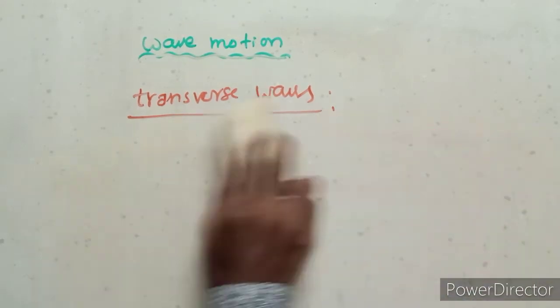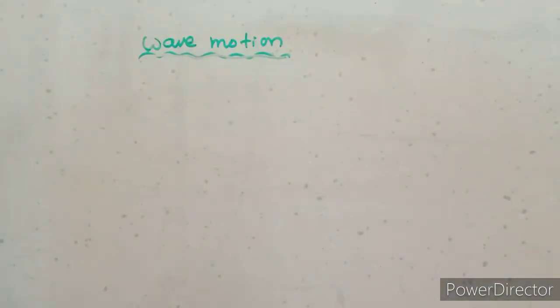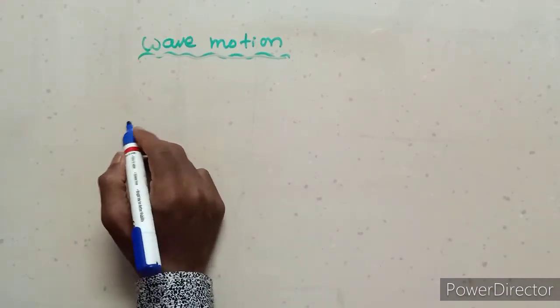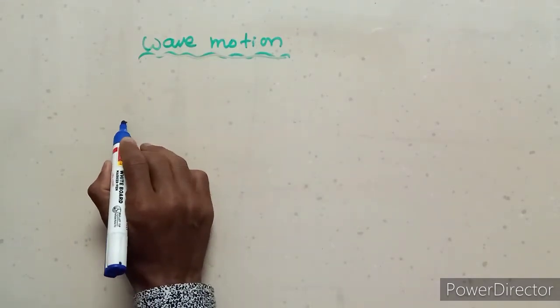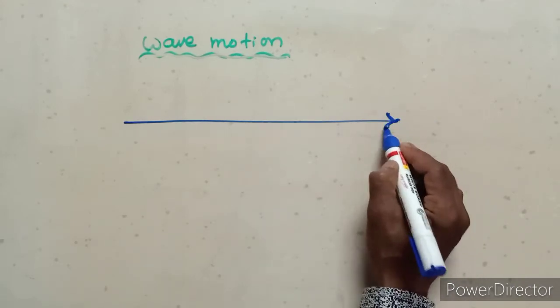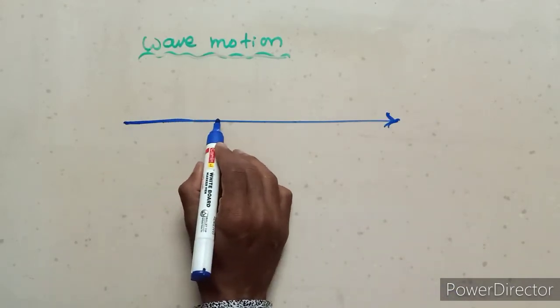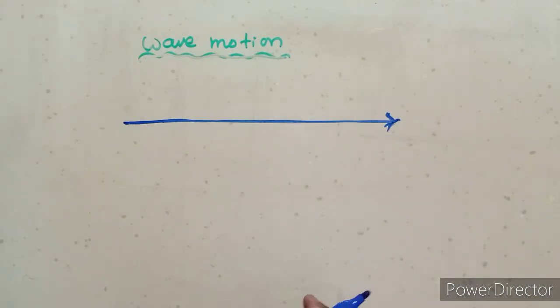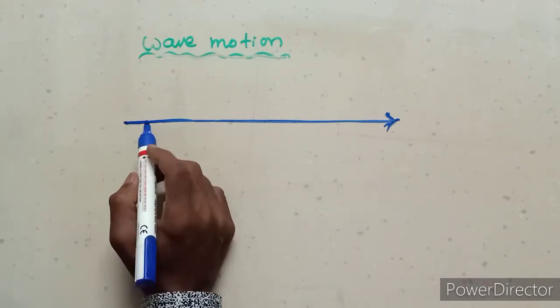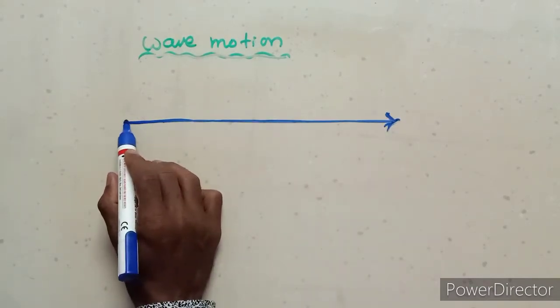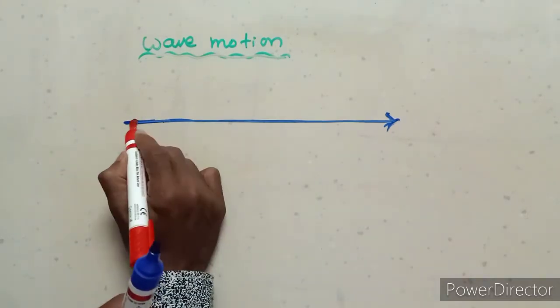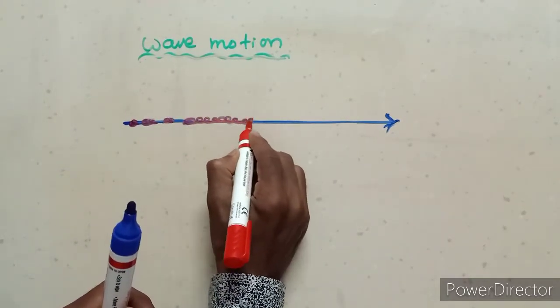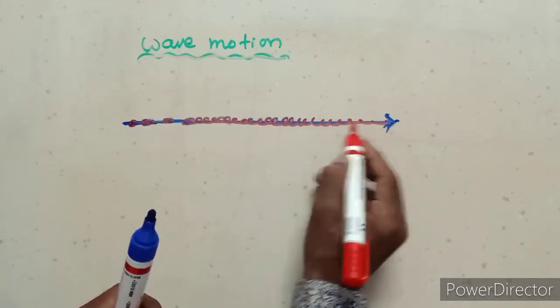Next, longitudinal waves. Longitudinal waves means this is the direction of propagation of energy transfer, and the oscillations are in the same direction.